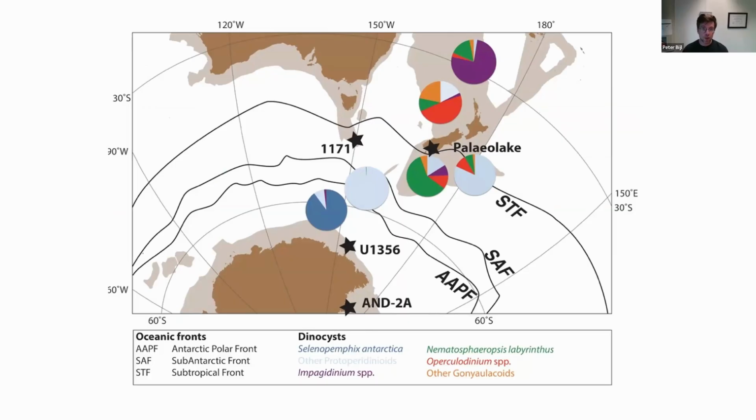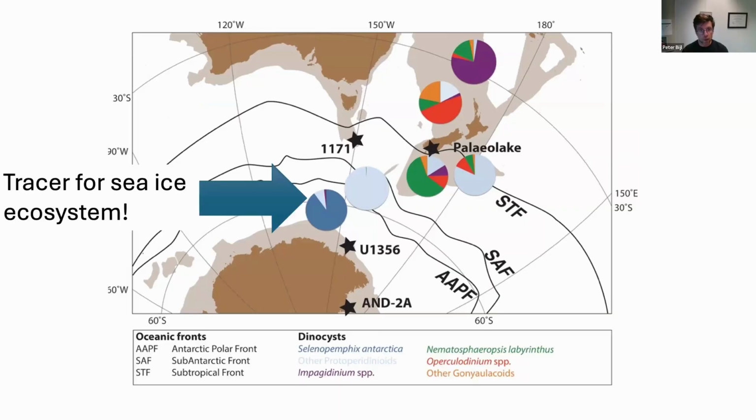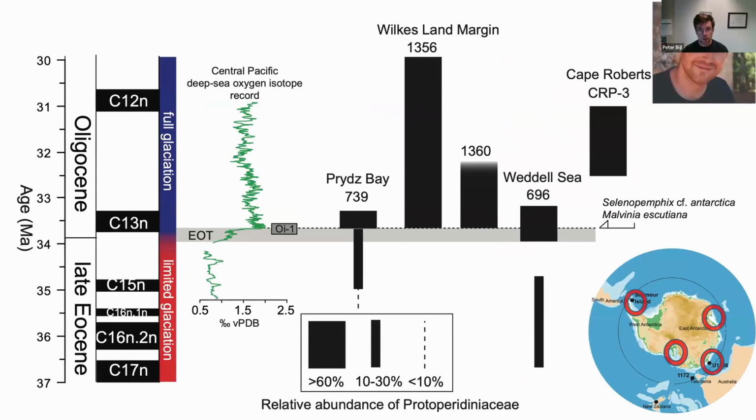And we do that by looking at the record of site 1356 here close to Antarctica, where we have this nice dinoflagellate cyst record. It's a very long record of Oligocene sediments. Now I'm going to skip a few slides.